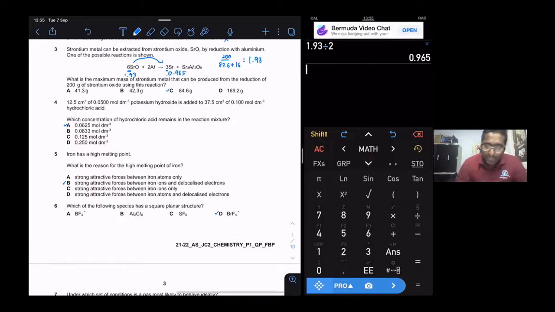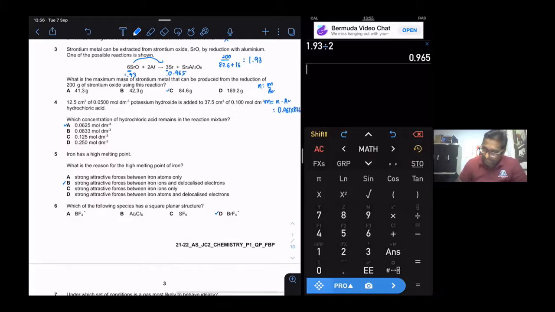Do remember, that is the number of moles. I need to change it back to mass. Number of moles is mass over AR, so mass is going to be number of moles times the AR. The number of moles is 0.965, and the AR just now I saw is 87.6.